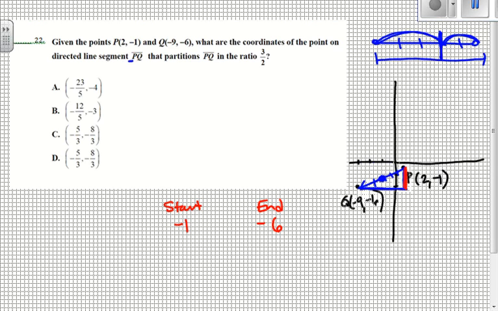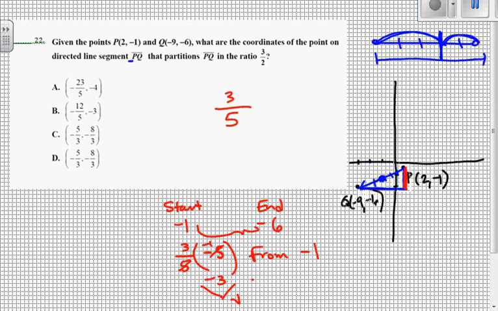A ratio of 3:2 means that you are going to go 3 out of the 5 hash marks that you would have to make, okay? So basically, you would have to go this distance, 3/5 of -5 from -1. Okay, so 3/5 of -5 is -3, -3 from -1, so down 3 from that point.